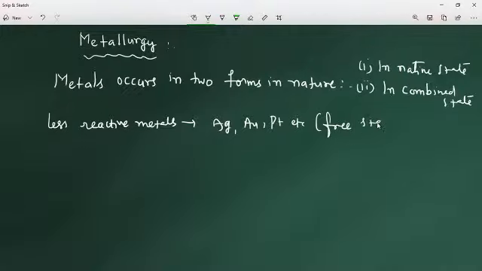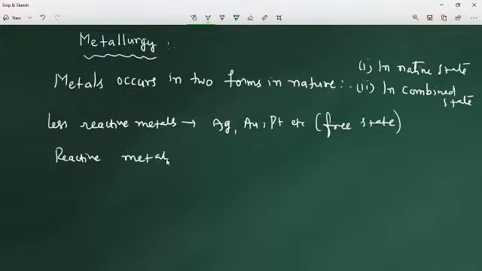They are available in free state, and are not attacked by oxygen, water, CO2, etc. So that is why we are calling them less reactive metals, which means they are not attacked by oxygen, H2O, carbon dioxide and all. The other point we are going to discuss here is the reactive metals.